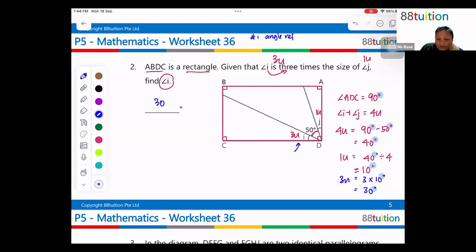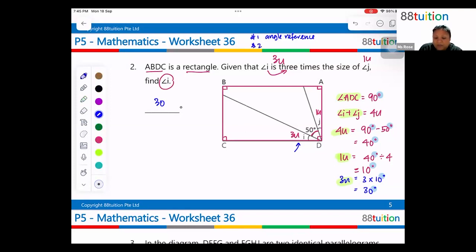What do I mean by angle reference? All these here are known as angle references. So you must label your angle, otherwise there are just too many angles for the marker of your teacher to be searching for your answer. We don't want them to do that. So make sure you write down your angle reference.